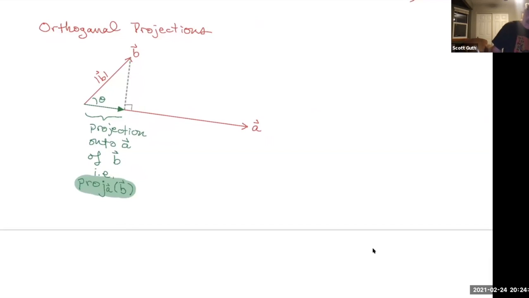Okay, so let's talk first about the length of proj onto A of B. Okay, so I think that would be the magnitude of B cosine theta, right?